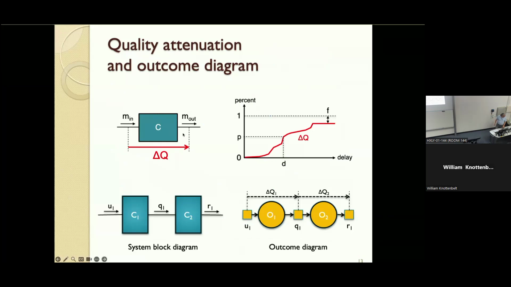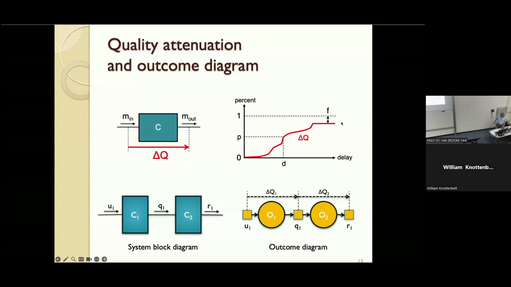So if we have a component C here on the top left, it has a delta Q, which is a latency and failure probability. On the right, you can see a cumulative distribution function. So you have the delay between the input and the output message. And here, for a certain percentage of messages, the delay is less than or equal to D. And there is also a failure probability.